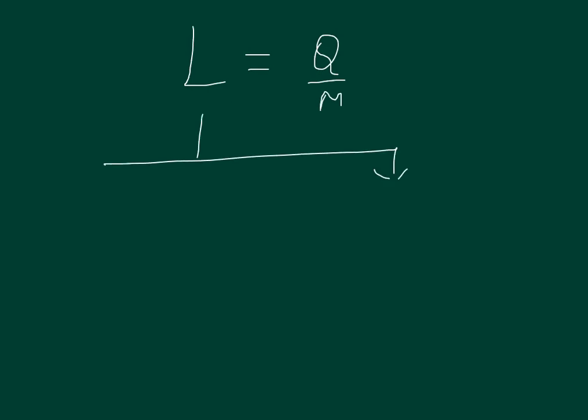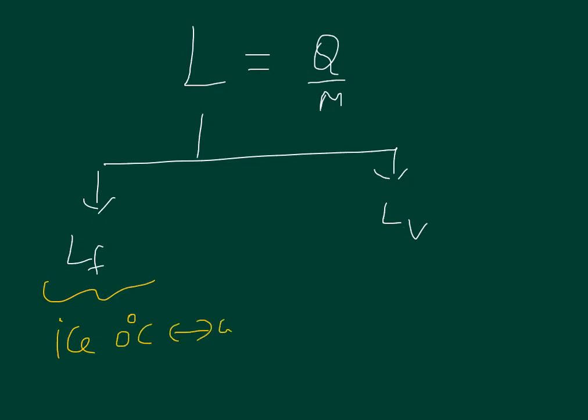So what we noticed about L: L is nothing but Q by M, latent heat. We classified it into two categories, one is LF and the other is LV. LF is for ice at 0 degree centigrade to water at 0 degree centigrade and vice versa.